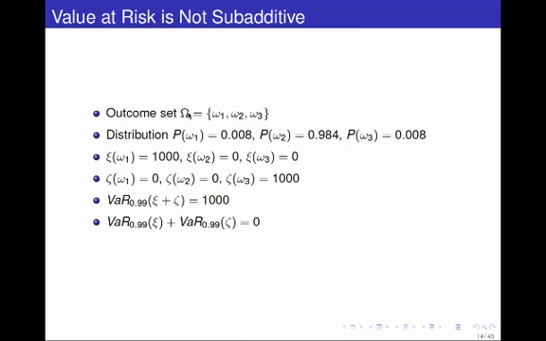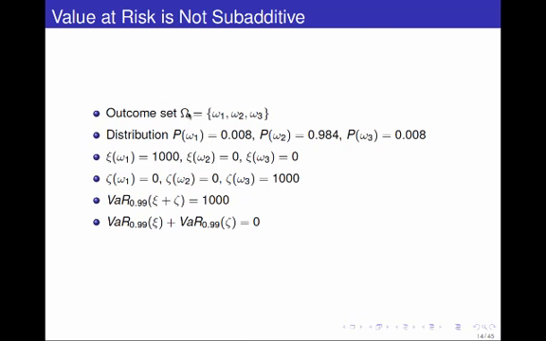So when I'm asking myself what is the value at risk of this, it should be 1,000. Sorry, I'll correct that. So when I'm asking myself, what is the value at risk of selling option 1 individually?